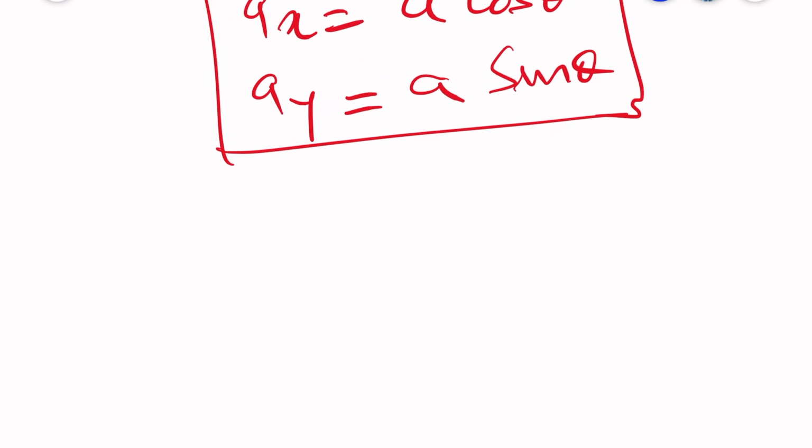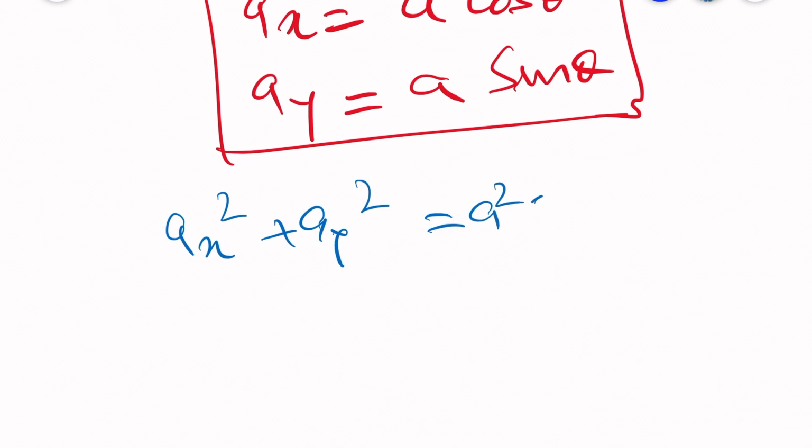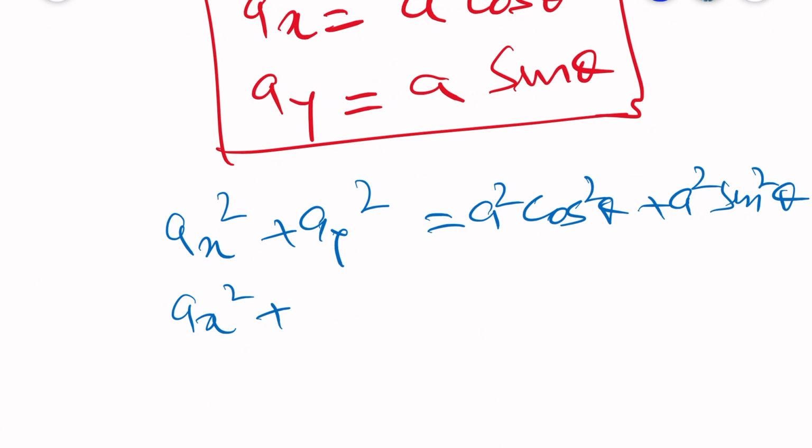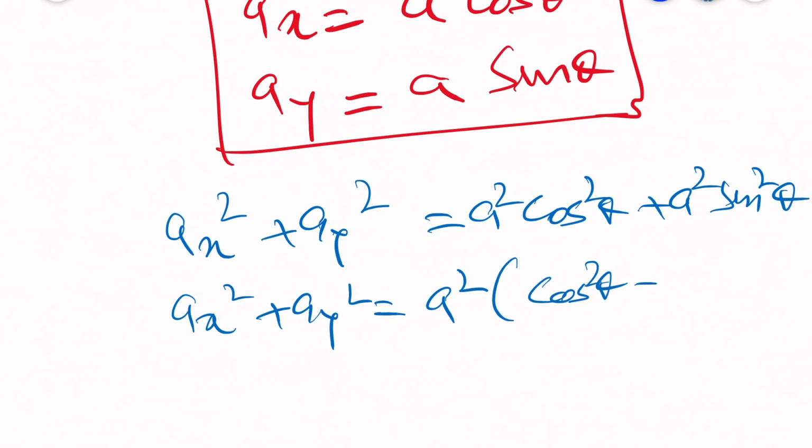We can see very clearly from these two, if we square both sides and add them, then what will we get? We will get Ax square plus Ay square is equal to A square cos square theta plus A square sin square theta. We can take A square common, so we get Ax square plus Ay square is equal to A square times cos square theta plus sin square theta.